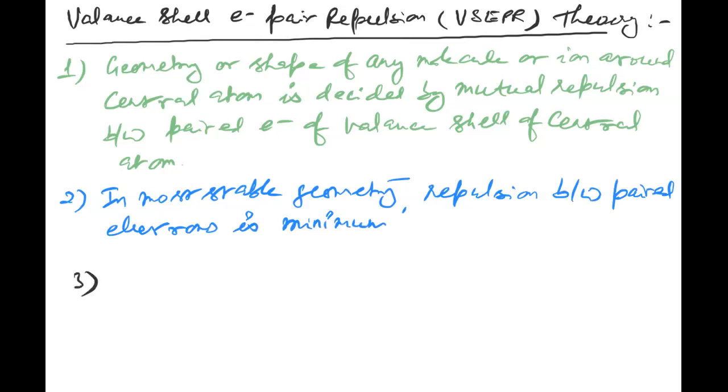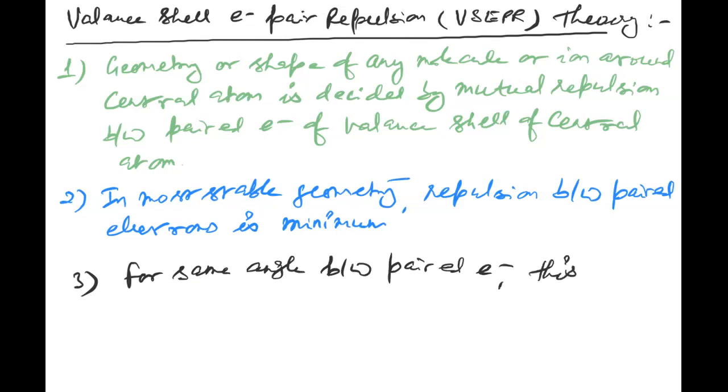Further, the next point is, for the same angle between paired electrons, the magnitude of repulsion follows a given order.